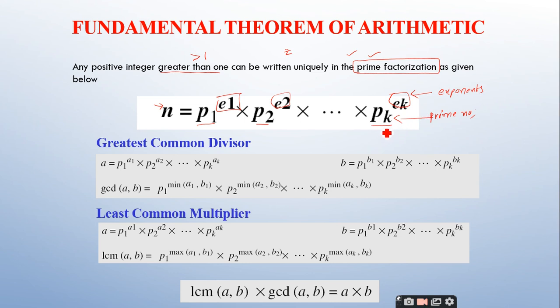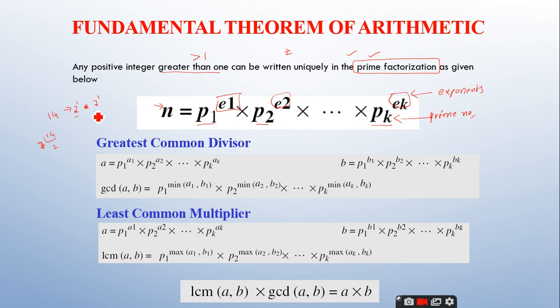We will see an example also, don't worry. For example, let us take the value 14. How can I express this as a product of prime numbers? I divide 14 by 2, and 7 twos are 14, so I can express it as 2 power 1 into 7 power 1.